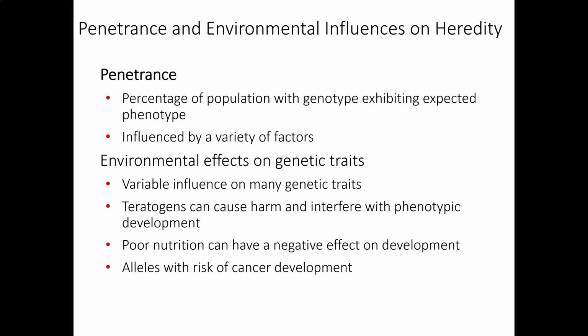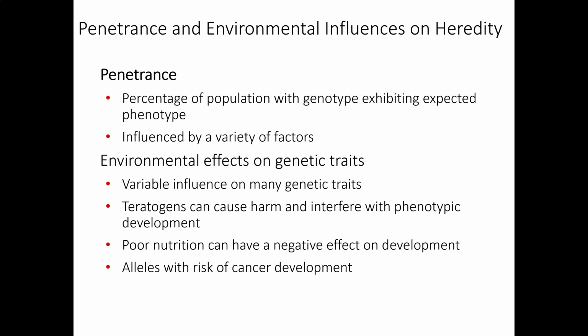Well, this is the last slide. We're going to end here, and we want to introduce a concept called penetrance. This is looking at the population as a whole. It's the percentage of the population with a particular genotype that exhibits the expected phenotype. So this is not looking at the individual, but at the whole population.